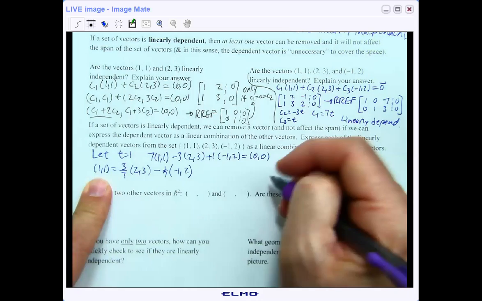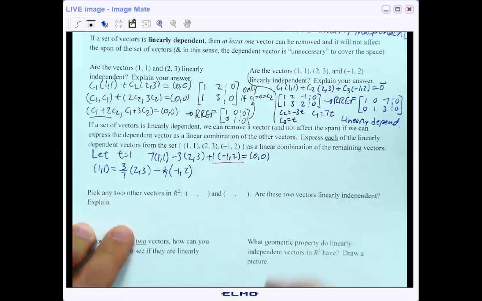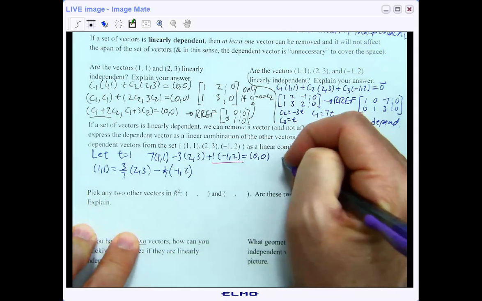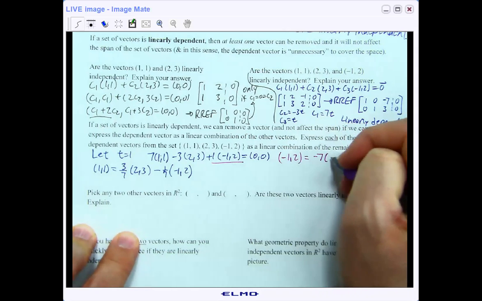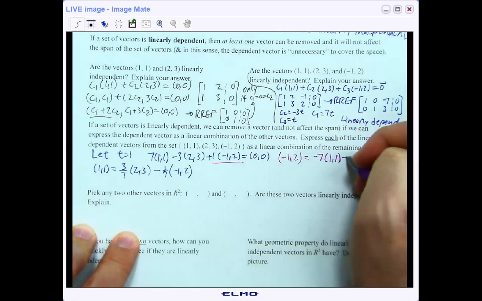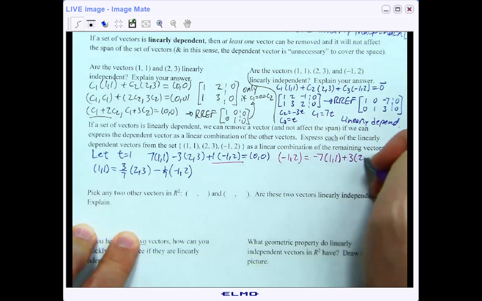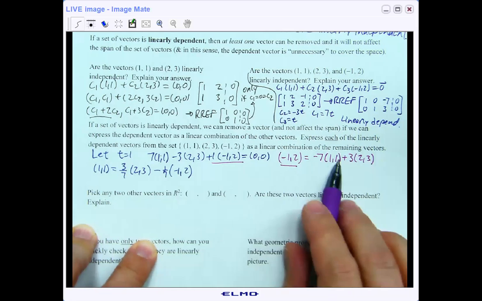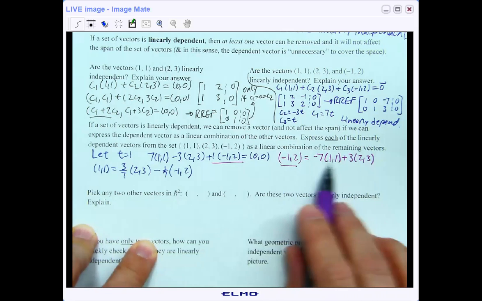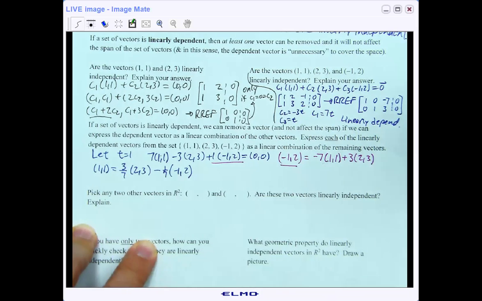Similarly, we could solve for the (-1, 2) vector: it is equal to -7 times the (1, 1) vector plus 3 times the (2, 3) vector, meaning it can be achieved using these two vectors, so it doesn't contribute anything new.